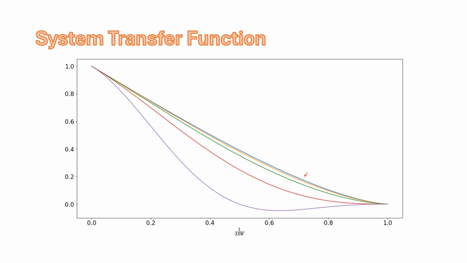The next one, the yellow curve, corresponds to oversampling by a factor of 2, so that this delta is equal to 0.25 times lambda f number, which is half of the Nyquist period. The green one is for sampling at Nyquist, and so both the yellow and the green, you don't see a lot of impact on the system response going out to the maximum frequency of 1 over lambda f number.